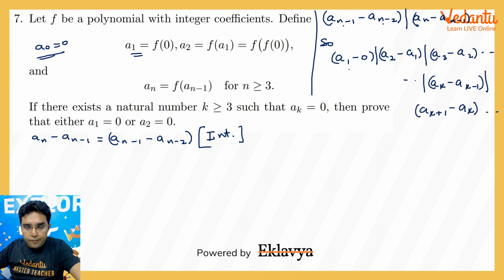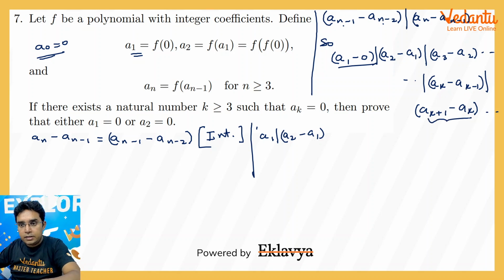So you can see a1 divides a2 minus a1 and so on. After skipping a few terms, this a_{k+1} minus ak, as I proved, and ak we are given as 0, so this divides a1 here.